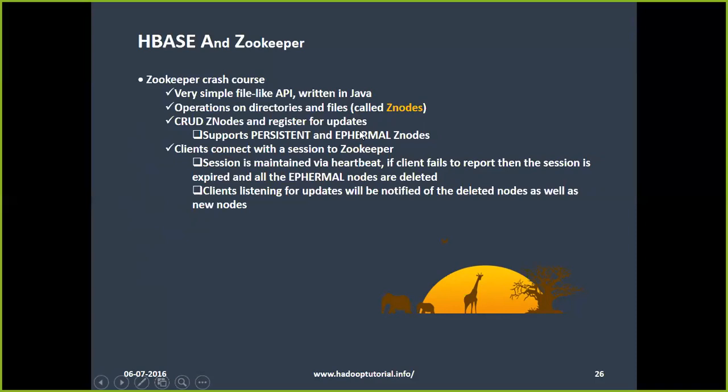So in Zookeeper you will find 2 types of Z nodes: one is persistent, and the second category is ephemeral Z nodes. You don't need to worry much about these things. In real time, you will not be dealing much with Zookeeper coding, and anyway you don't have anything to code with Zookeeper.